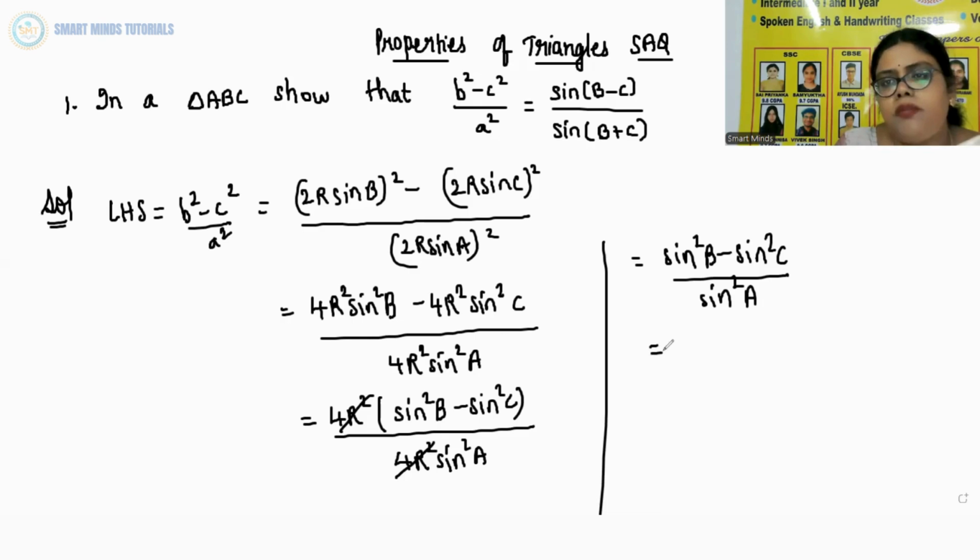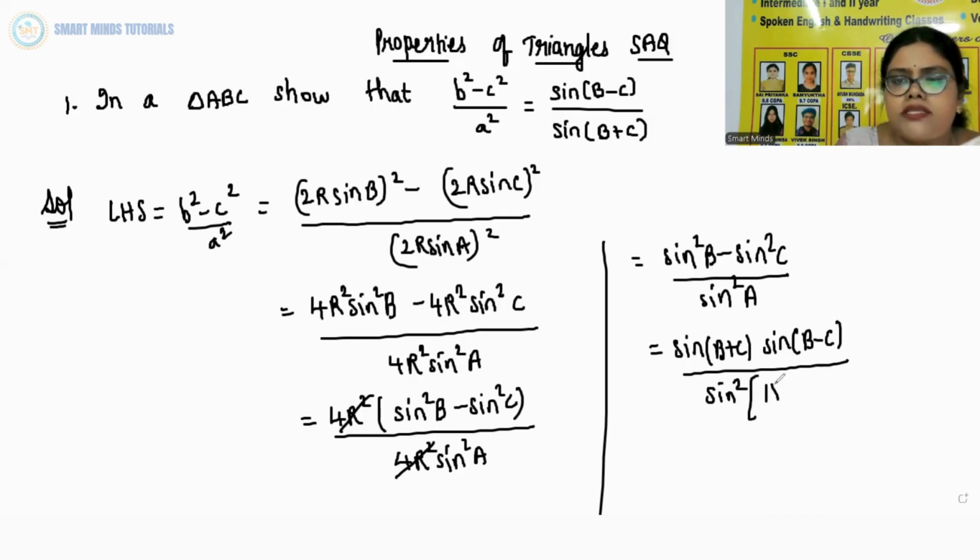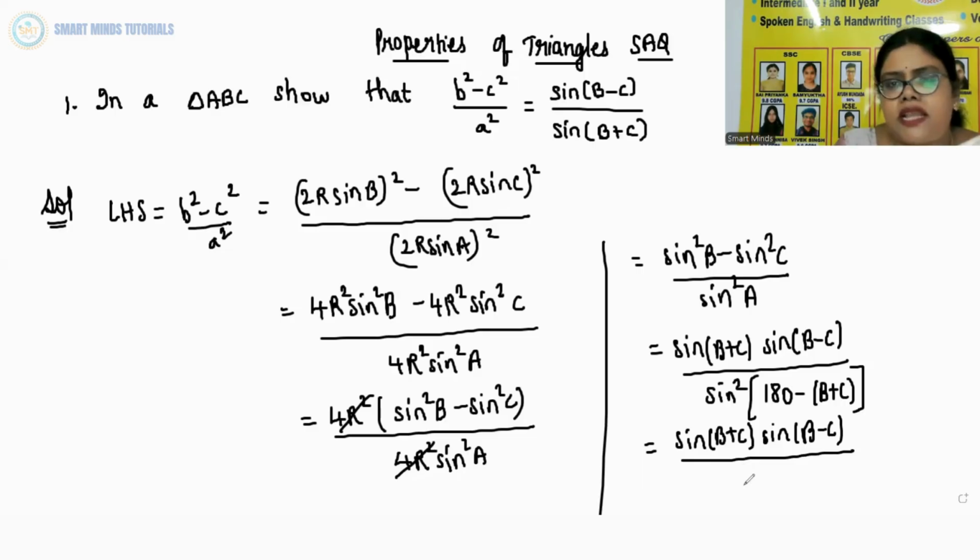Now sin square B minus sin square C can be written as sin(B plus C) sin(B minus C), by sin square A, where A can be written as 180 minus (B plus C). So that is sin(B plus C) sin(B minus C) by sin square of 180 minus theta, which is sin theta.